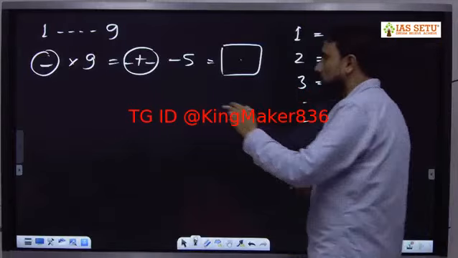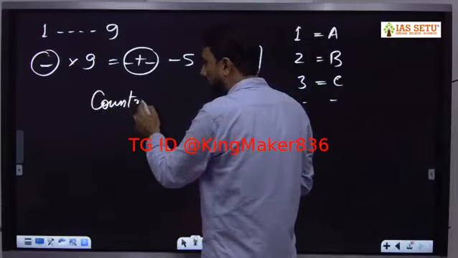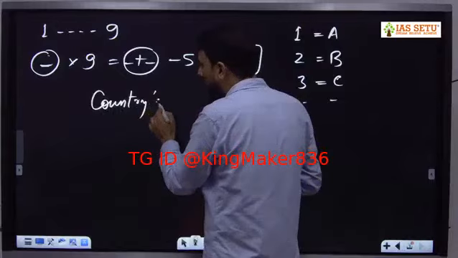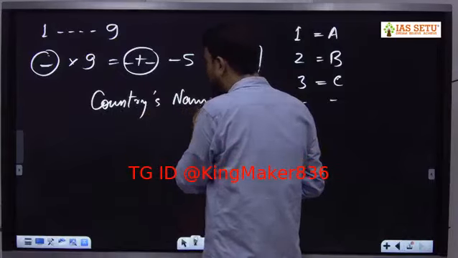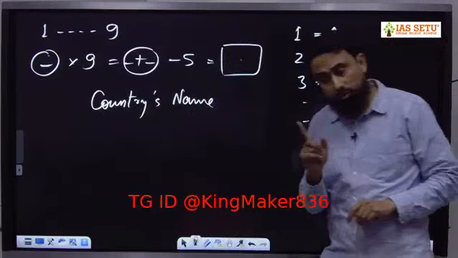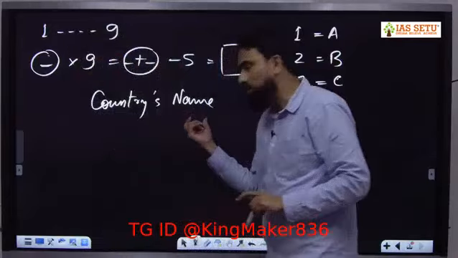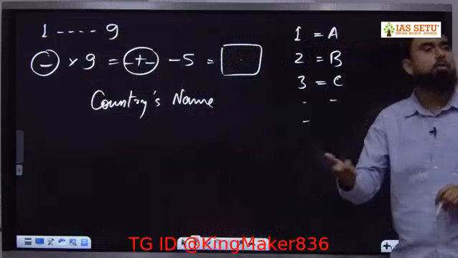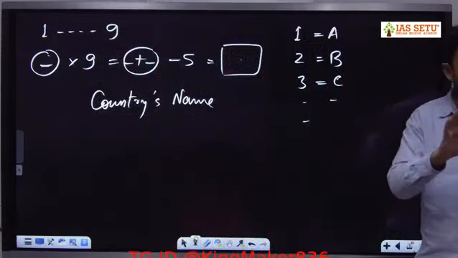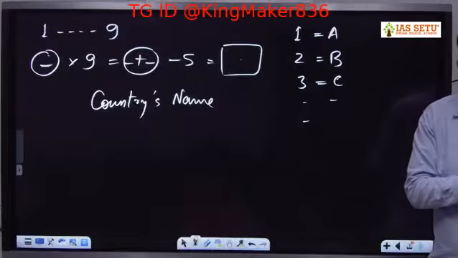Now, for the chosen letter, you have to think of a country's name, not a city or a state. And don't reveal. A country's name starting with this letter. Done? It should not be a state or city. Now, from the last letter of that country's name, think of an animal's name starting with that letter. Just think, don't reveal. Don't think of a bird or insects. Just an animal. Done?